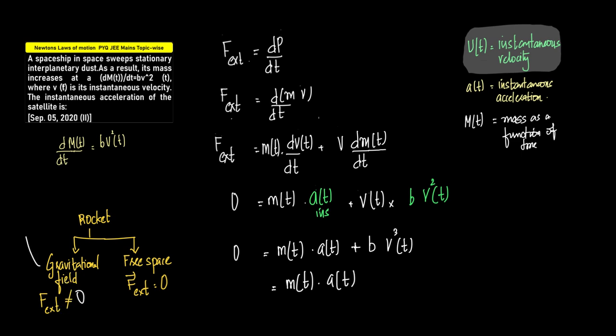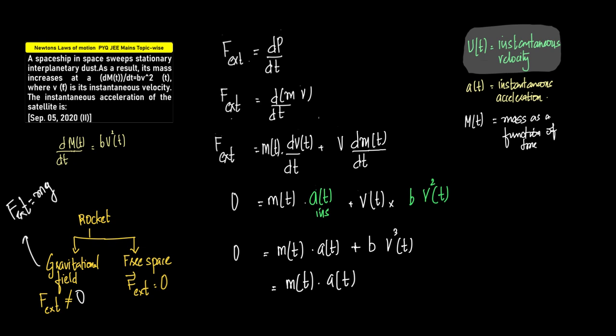In fact, we have discussed in much detail that the F external in a gravitational field is nothing but the force due to acceleration due to gravity, which is the weight of the rocket, right? So that component is not present in free space. So in free space, F external is equal to 0, which means we can replace this term as 0.